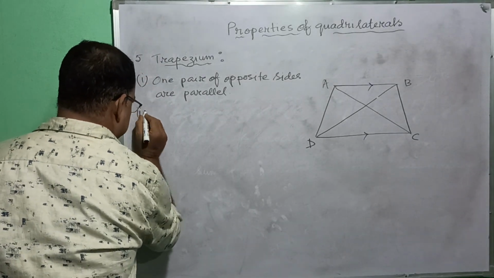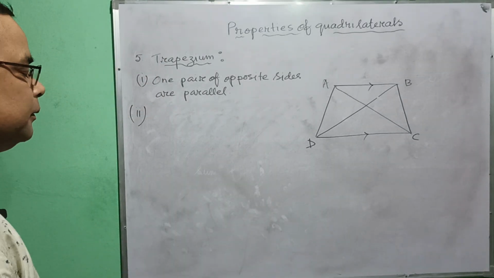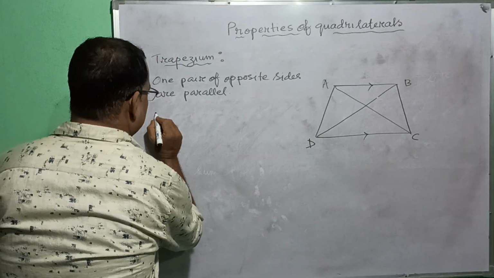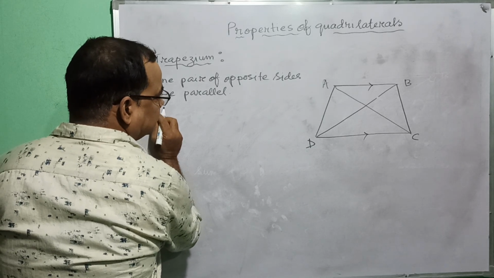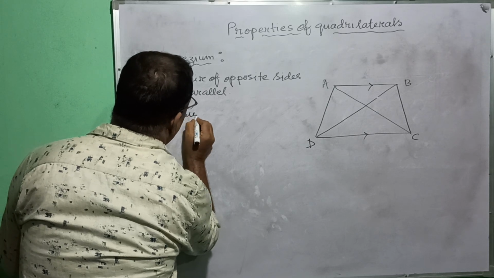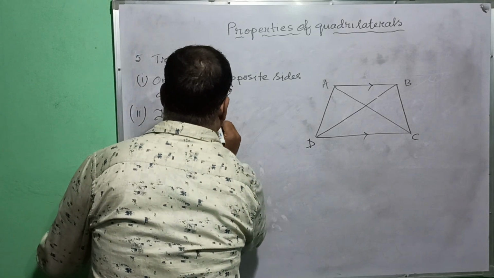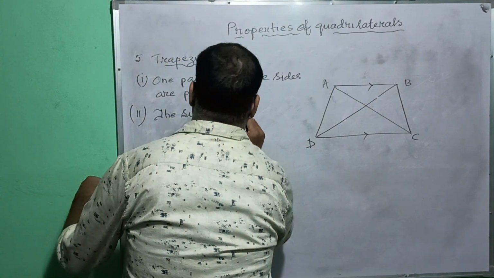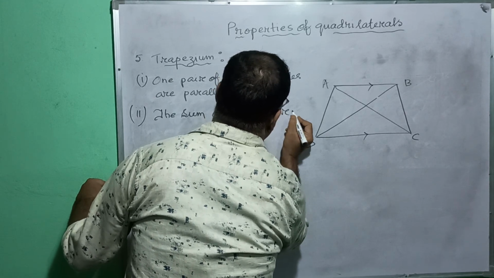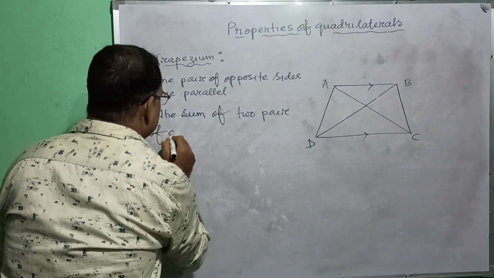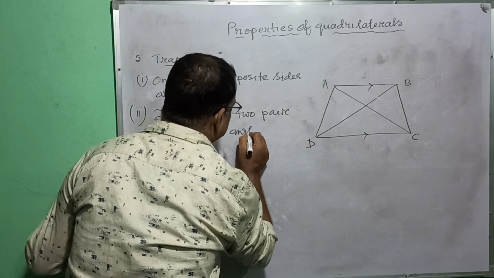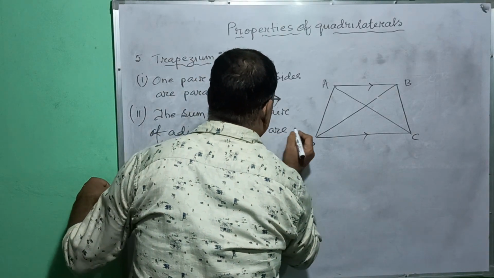In case of property number 2, we can write: the sum of two pairs of adjacent angles are supplementary.